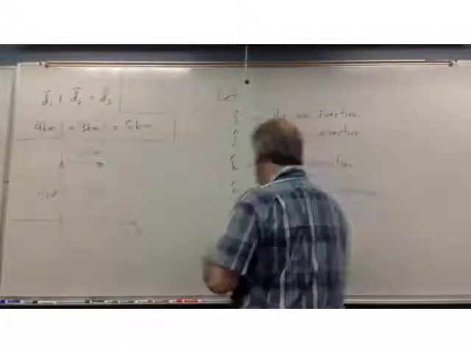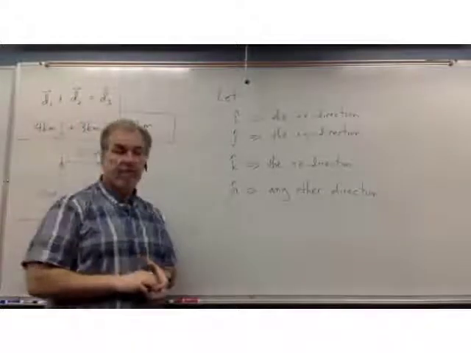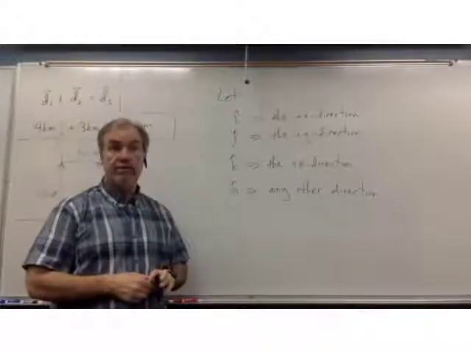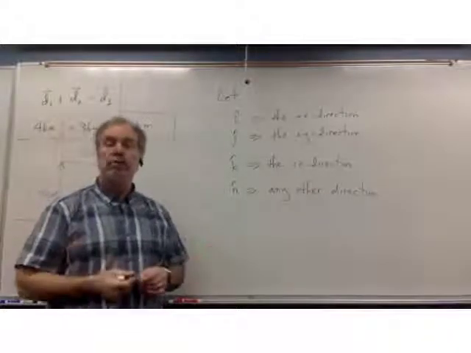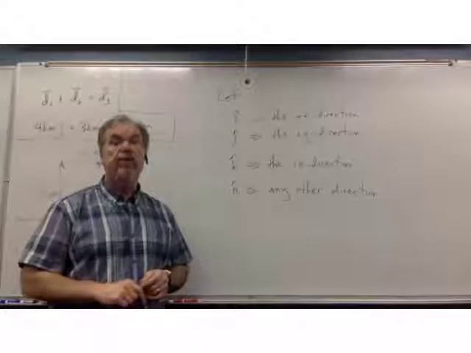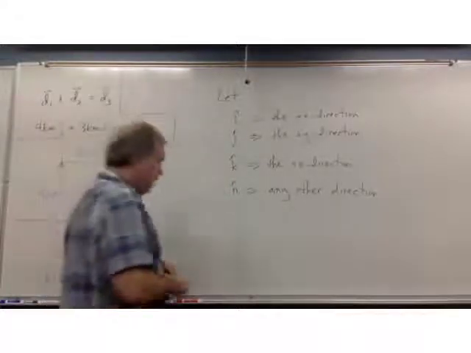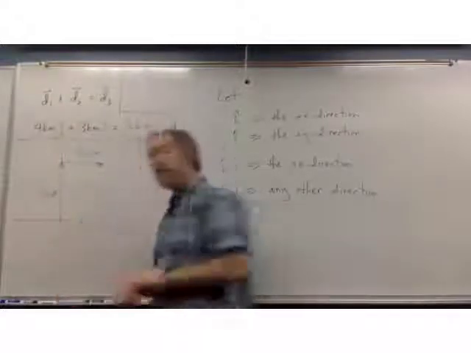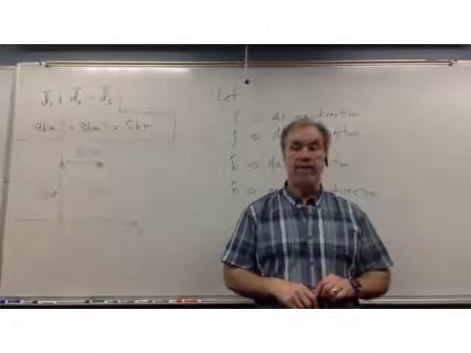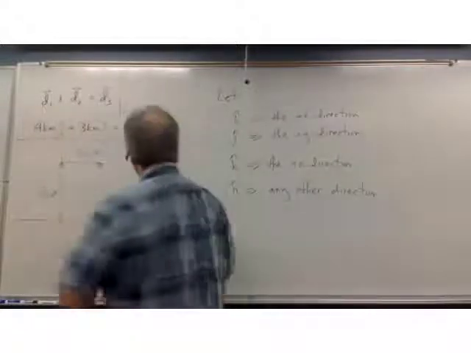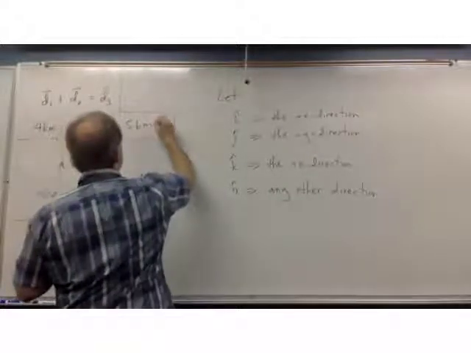So we save the symbol n hat for when the direction that my vector is pointing is not any of the 3 cardinal directions, x, y, or z directions. So if we don't know for sure that it's pointing in one of those 3 directions, we don't use i, j, or k, we simply use n. And this is not the last that you're going to hear of these objects, but for now. And so then I would write n hat here.